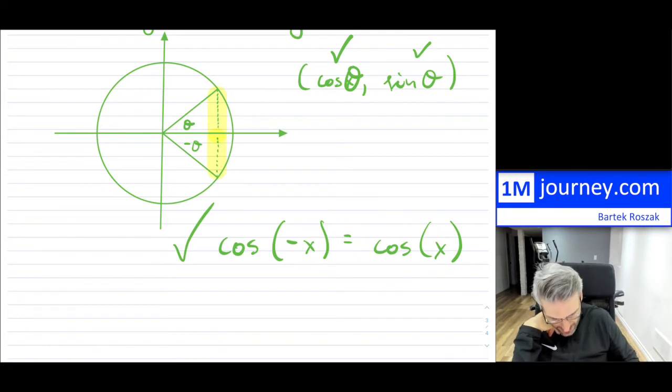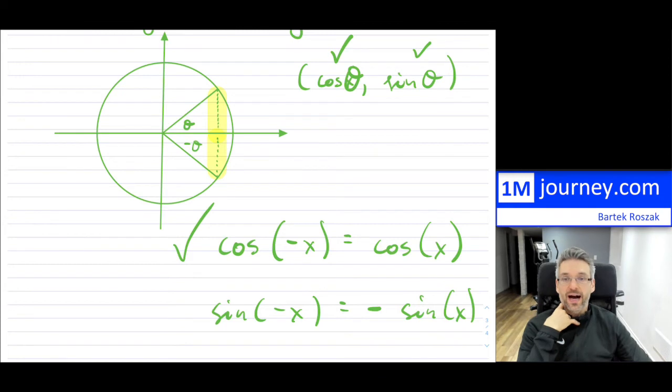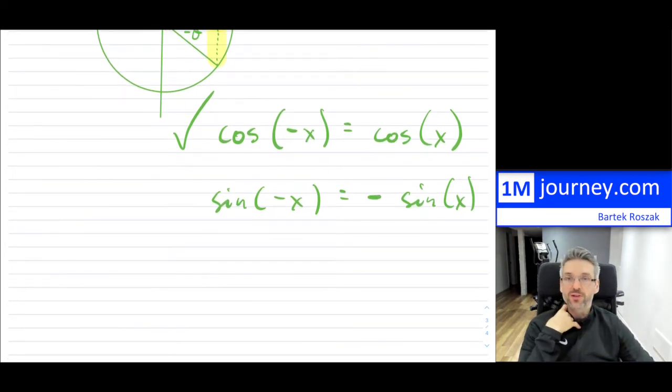So what that means is if you take sine of negative x, what it's going to be equal to is negative sine of x. So that's what you will have. And because of that, you can also push this forward into the reciprocals and also into the tangent.